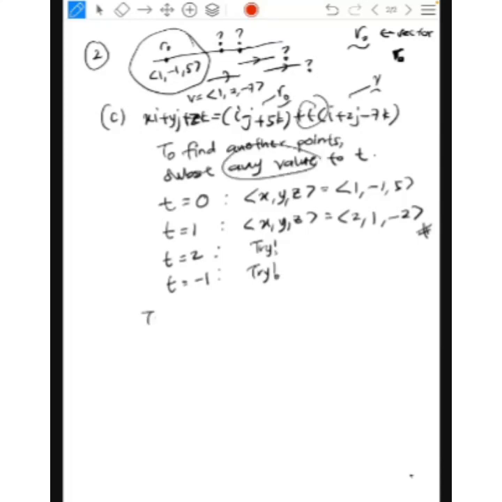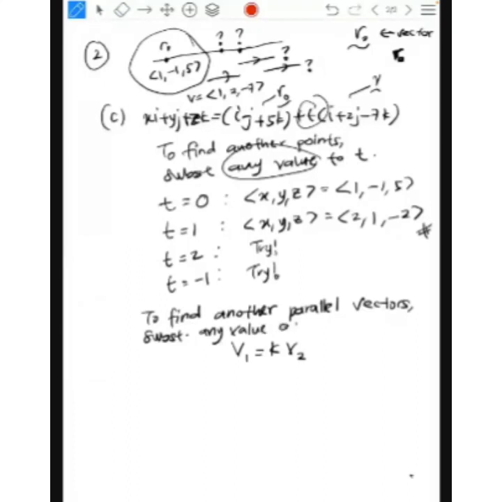Okay? And then the other thing is to find another vector, another parallel vector. What you have to do is substitute. Oh, no, you cannot use substitute. You use this V1 equals to K V2. Okay, substitute any value of K into this formula.